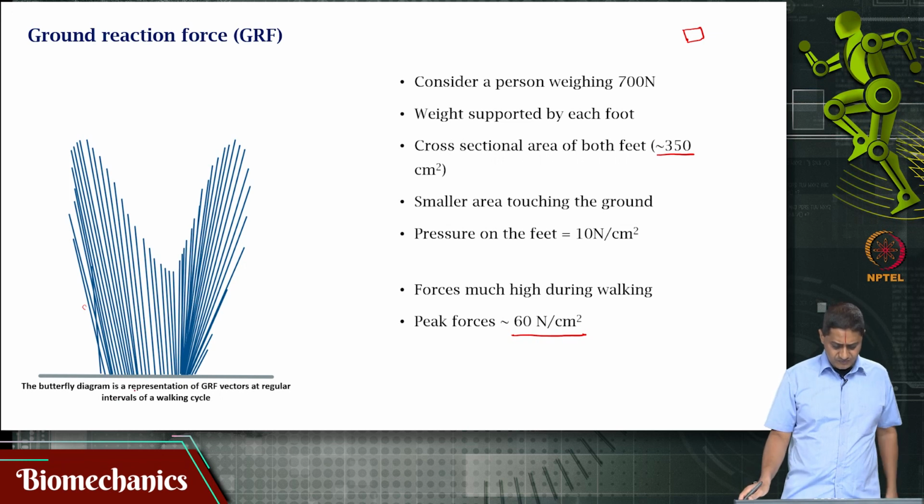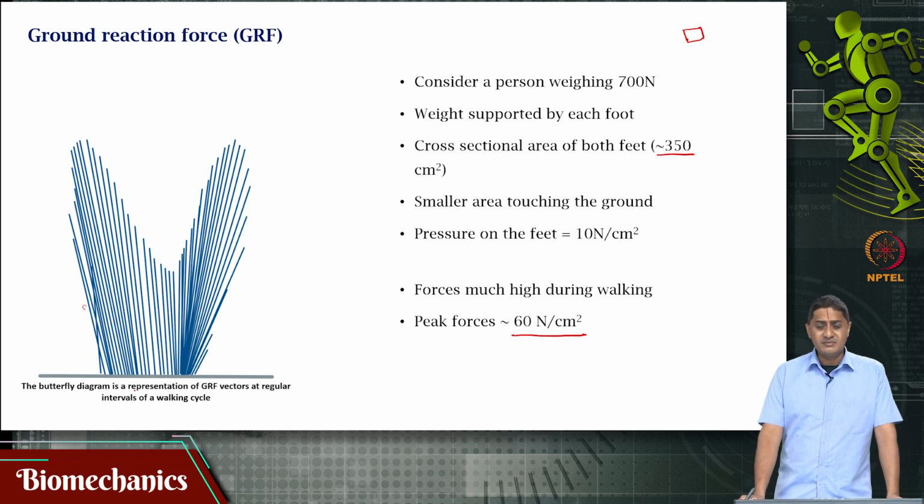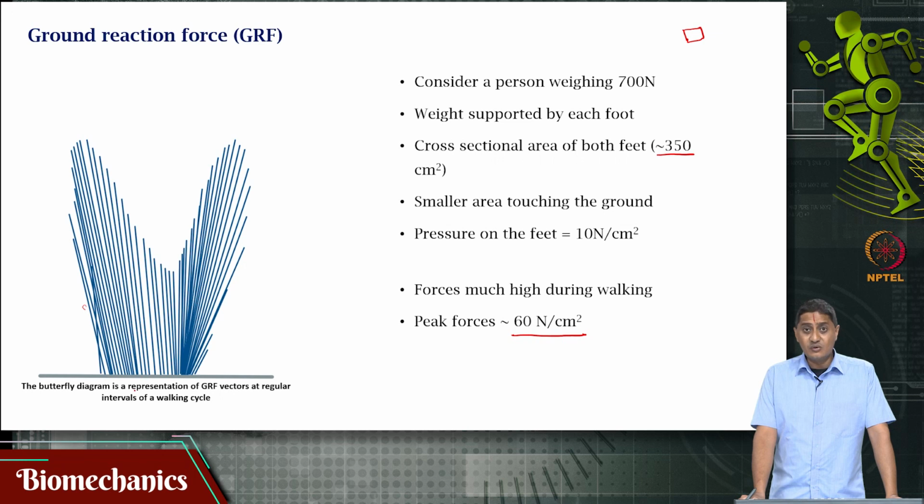So, this diagram represents the ground reaction force vectors, right, at different phases of the walking cycle. Why are these forces in different directions? Isn't it always supposed to be against gravity? No, no, no. These ground reaction forces are reaction forces to the applied load, right. So, this is an indication of the kind of load that is applied on the ground by the feet, right.